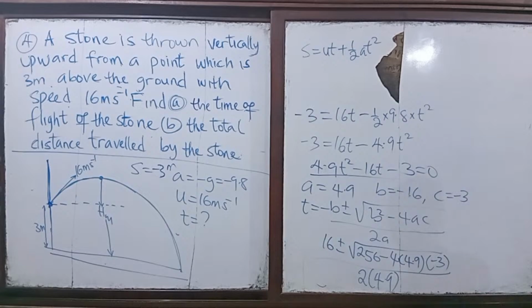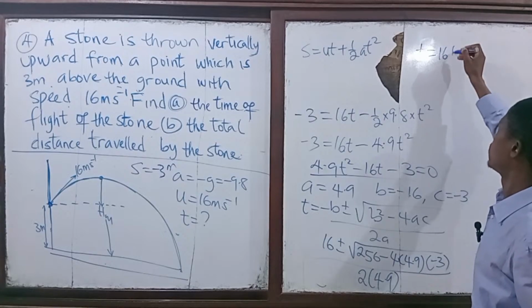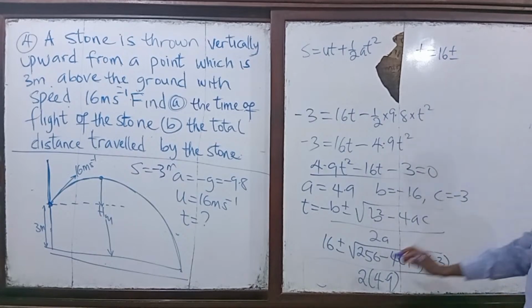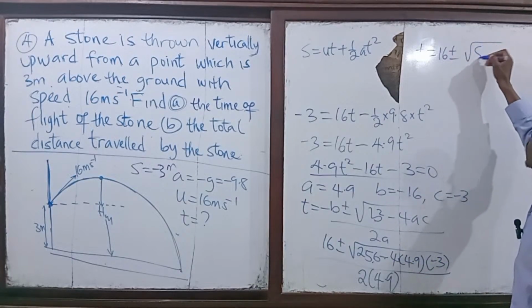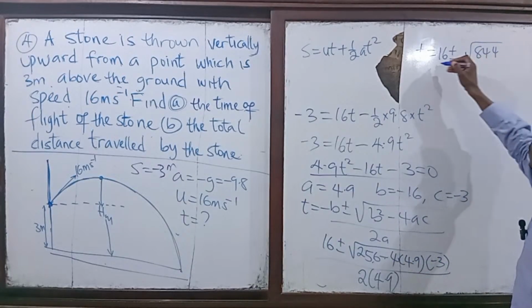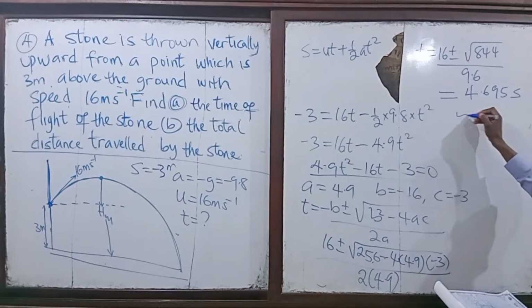Just take a calculator. So t will be equal to 16 plus or minus the square root of, this minus that is plus, which gives you 844, over 2 times 4.9, approximately 4.7.